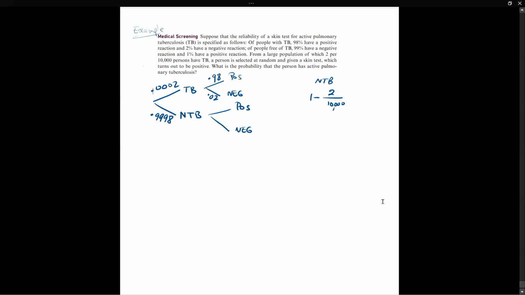All right. So what is the probability that the person has active pulmonary tuberculosis? We go back to the numbers that we're given, which is the 99% and the 1%. So 0.01, the 1%, and 99%.